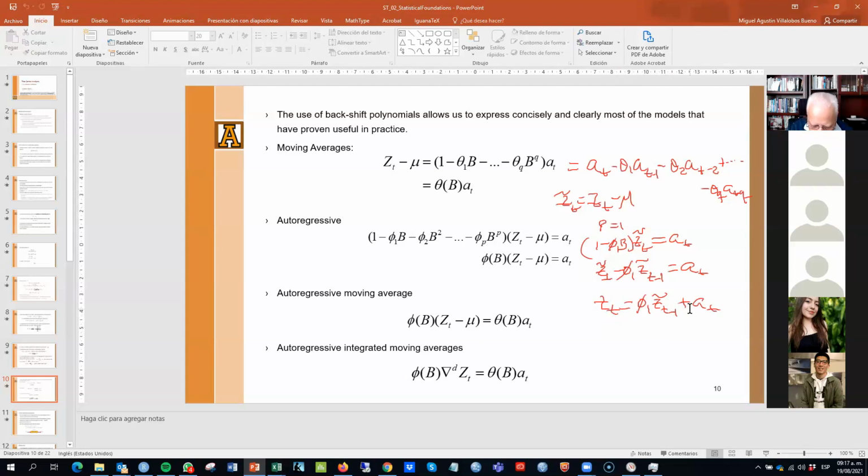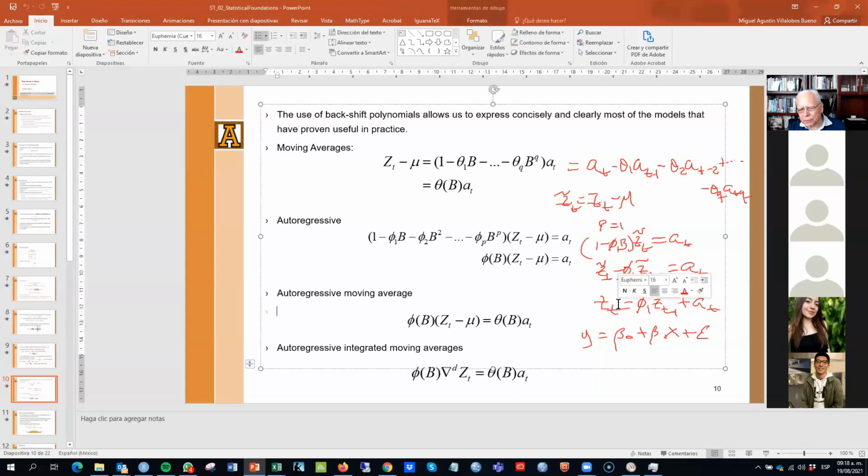Remember that a simple linear regression model is y equal beta null, I can have a constant there, doesn't matter, plus beta 1 x plus epsilon, the random error. Well, the a_t are playing the role of the random error, and what I have is a regression of y on x, but in this case it is a regression of Z_t on Z_(t-1), the same variable.